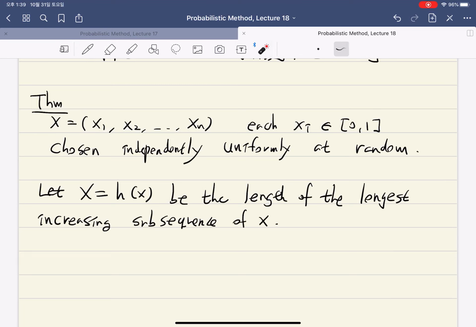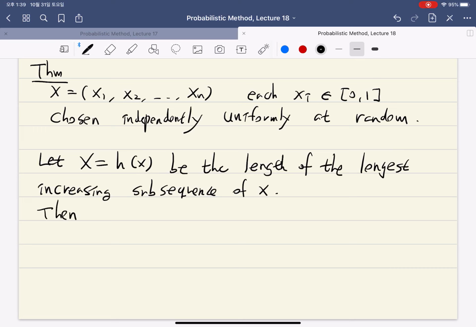We can consider that this is a sequence with this order. Then we want to figure out what this value is, whether this value is very concentrated around some number. So with high probability, can we actually show that this is close to some number?